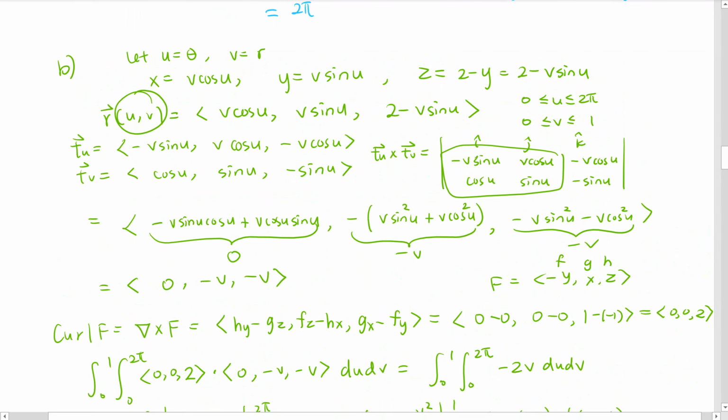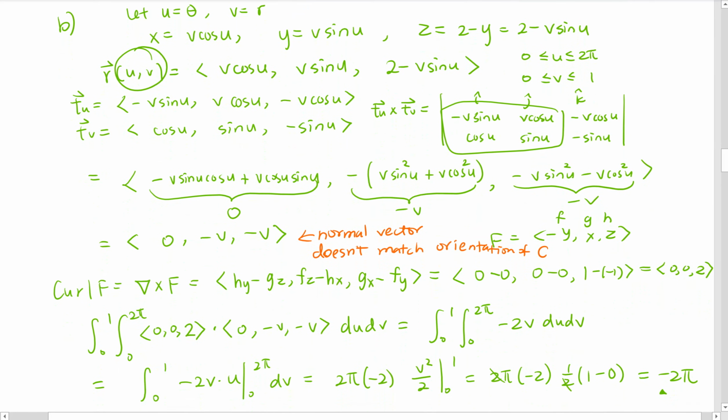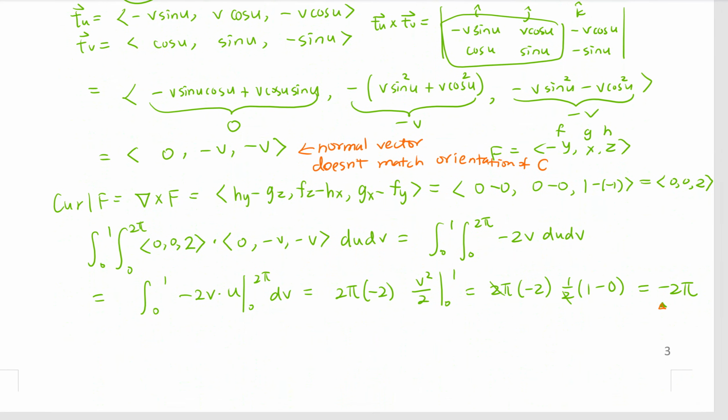That is because the normal vector doesn't match the orientation of C. What do I mean?